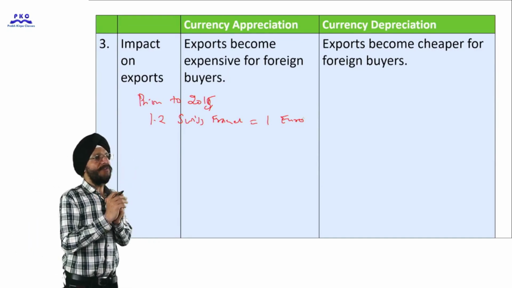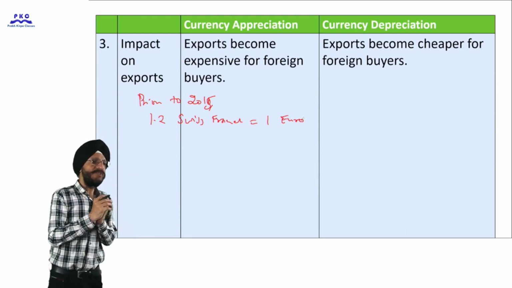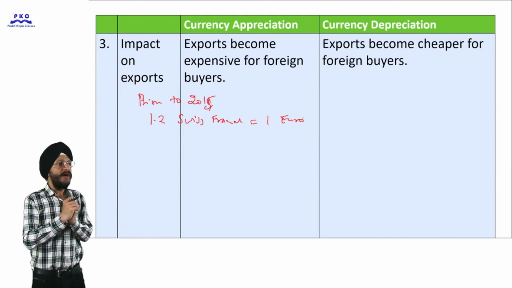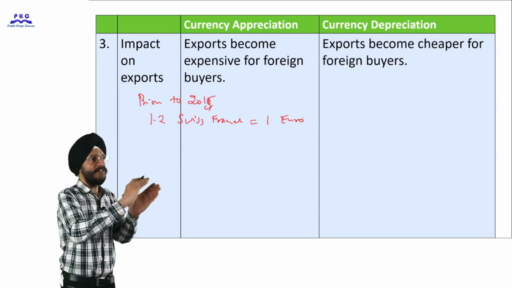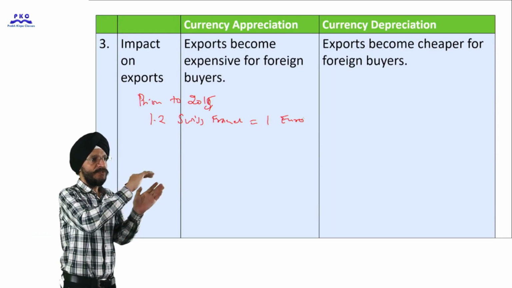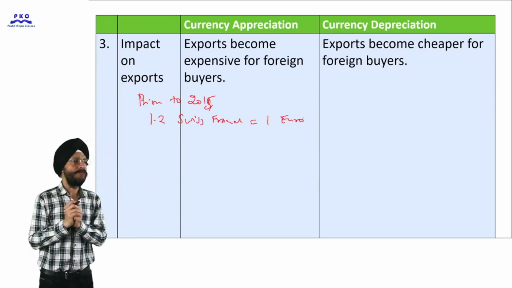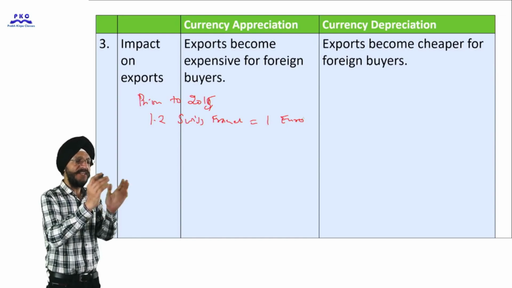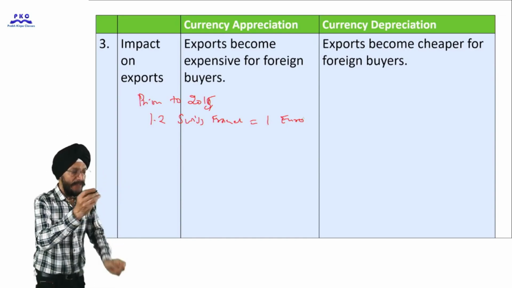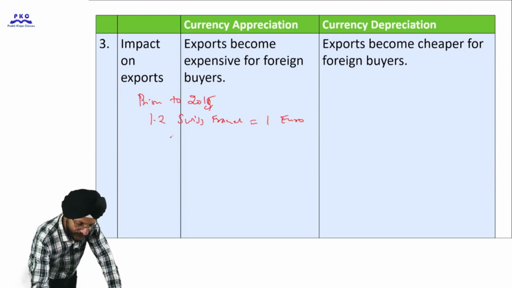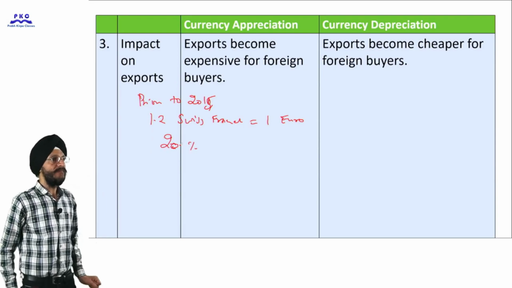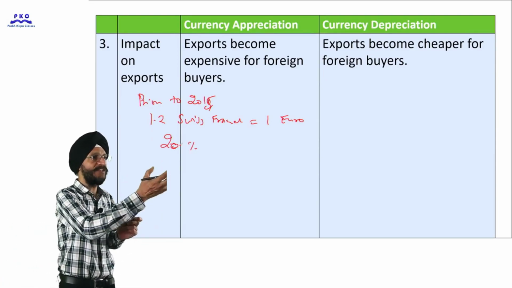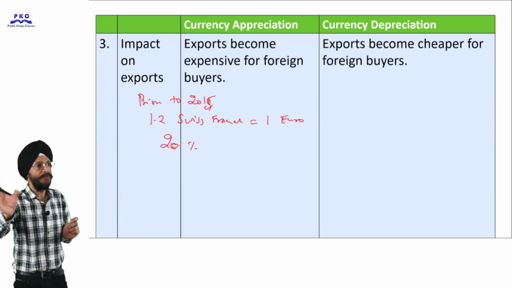In 2015, the Swiss National Bank abandoned the policy of fixed exchange rate of Swiss franc with euro. So due to this amending of the fixed exchange rate which it was following, the value of Swiss franc appreciated by about 20%, that is, the value of Swiss franc appreciated vis-a-vis the value of euro.